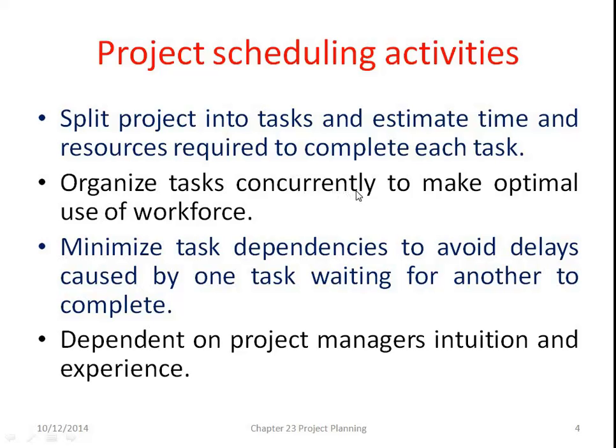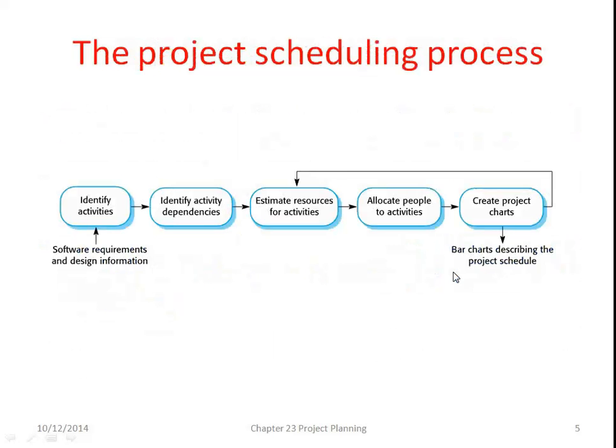Organize the tasks concurrently to make optimal use of the workforce. Minimize the task dependencies to avoid delays caused by one task waiting for another to complete. So the main purpose is to minimize the task dependencies. This depends on the project manager's intuition and experience.